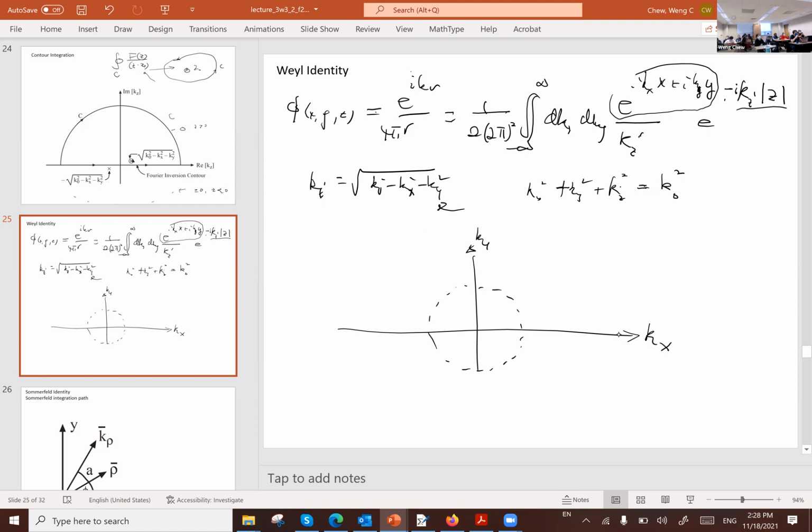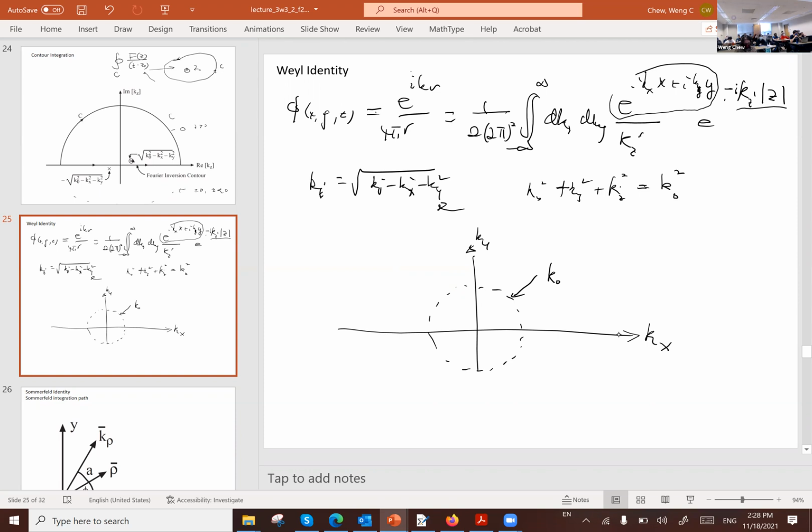The radius of this circle is k naught. And if your kx and ky are inside this circle, then kz is real. Can you see that? If kx and ky are outside this circle, kz becomes pure imaginary. Can you see that?